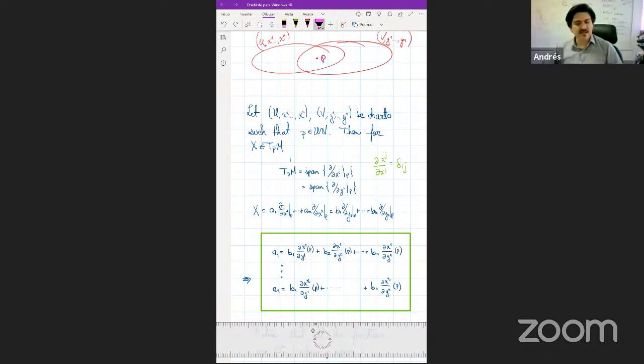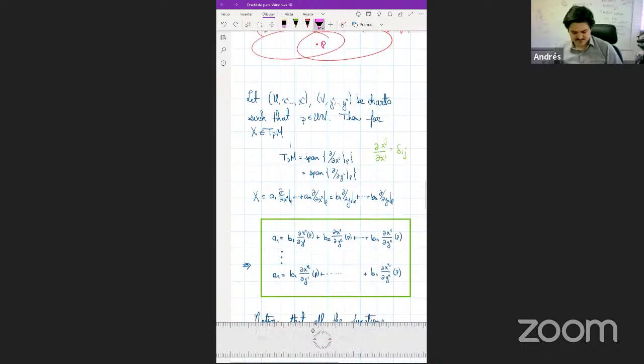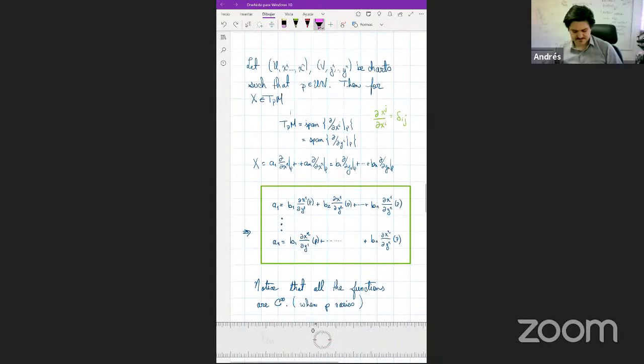What I'm saying is that the change of coordinates is smooth. Okay? Now, so when p varies and also when x varies.